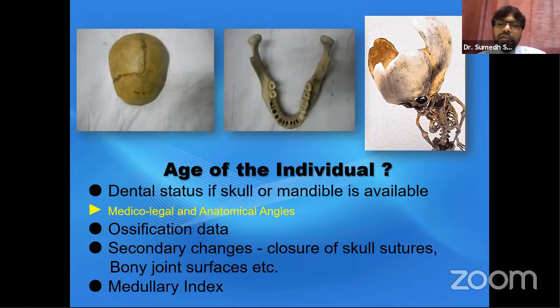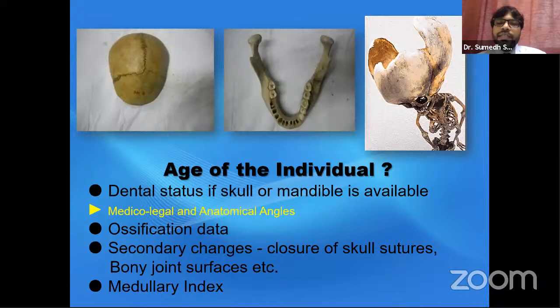Some authorities are of the opinion that, whenever you talk about any index, the index indicates the ratio of breadth to length multiplied by 100. So here it is the total diameter of the medullary cavity of the long bone to the total diameter, the outer aspect, the ratio multiplied by 100.